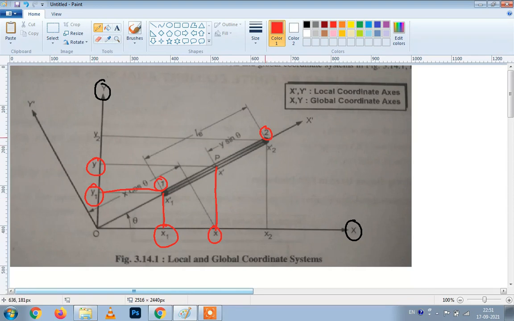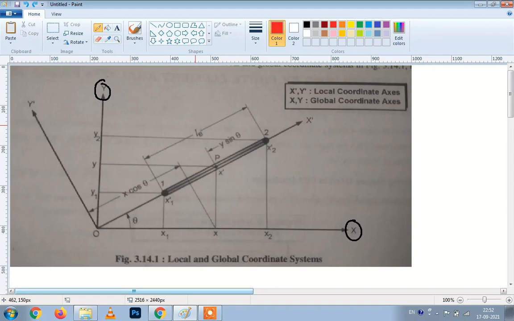Similarly, the coordinates of node number 2 in the global coordinate system will be x2, y2, and in the local coordinate system these coordinates are x1 dash as well as x2 dash.